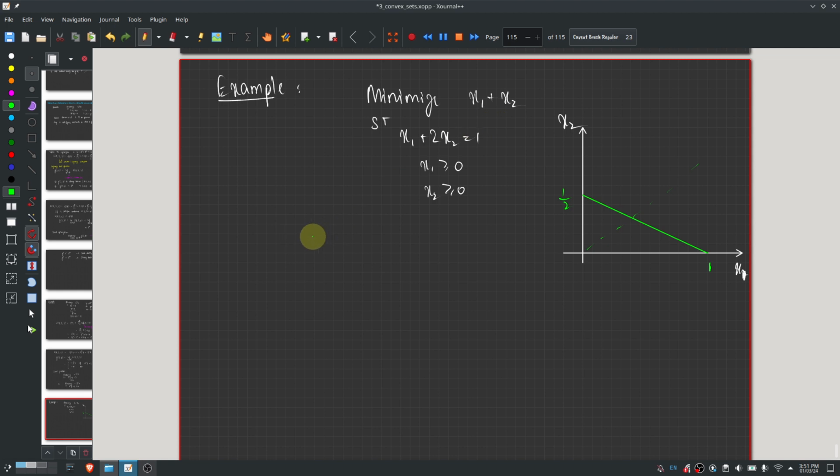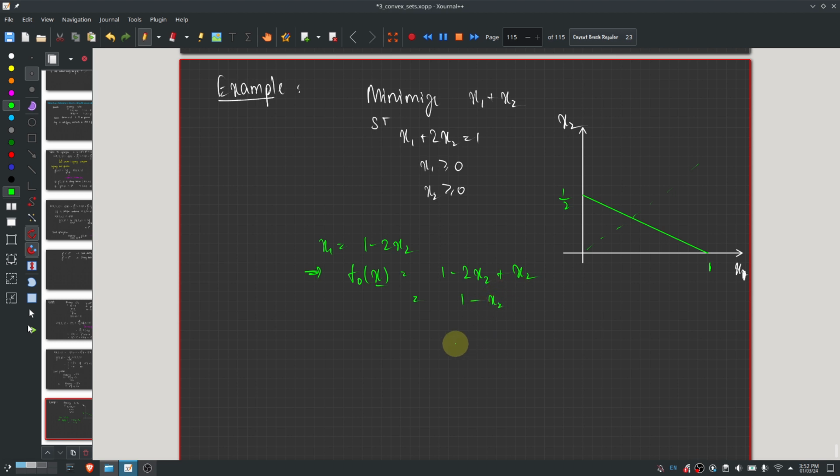What would you get? x1 equal to 1 minus 2x2 would imply that my original f0 of x would be equal to 1 minus 2x2 plus x2, which is 1 minus x2.